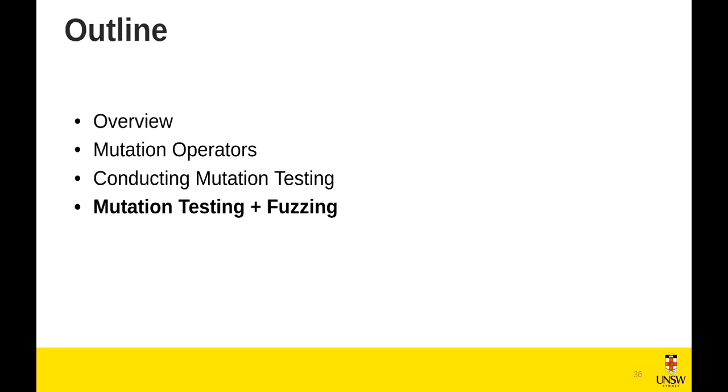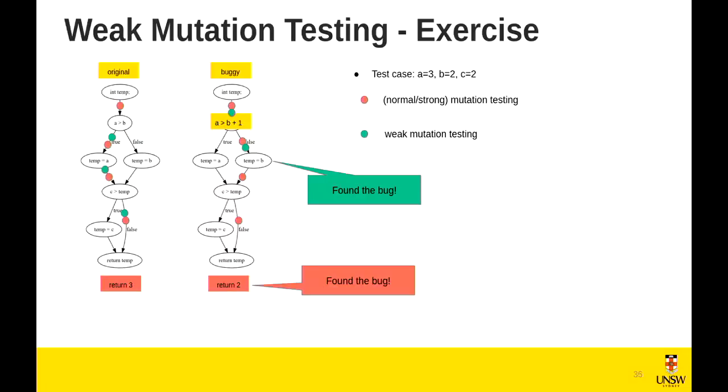Yes, of course. For example, if we change C is larger than temp to C is larger than or equal to temp, it makes no difference to the actual behavior of the program, because it will still return the larger value in the end. So this mutant is not useful.